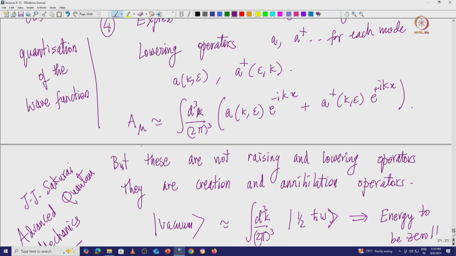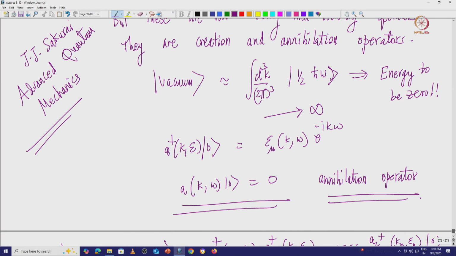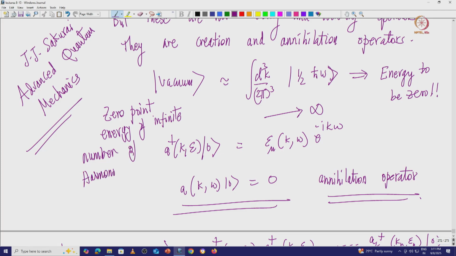You see that the zero point energy of the infinite number of harmonic oscillators just adds up and forms the vacuum energy.